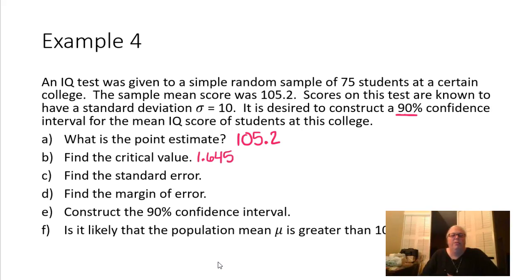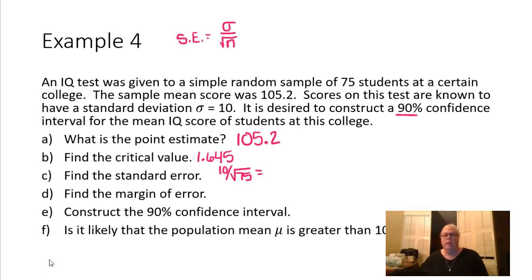All right, and now we want to find the standard error. Our standard error formula is going to be the standard deviation for the population divided by the square root of our sample size. Now in our case, we're going to have 10 divided by the square root of 75, because our sample size is 75 and 10 was our standard deviation.